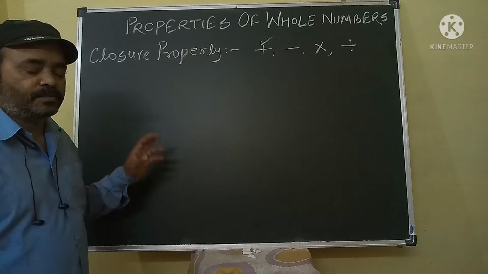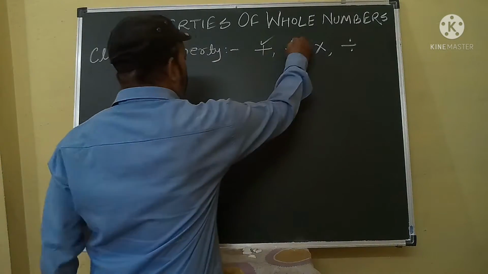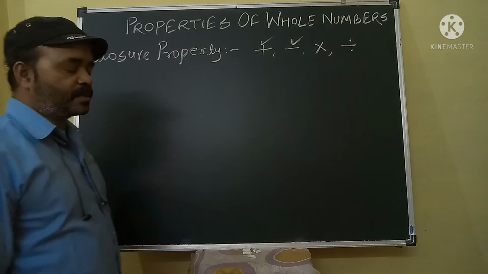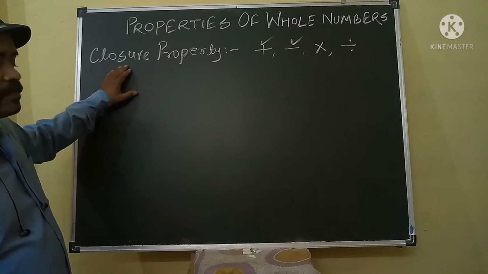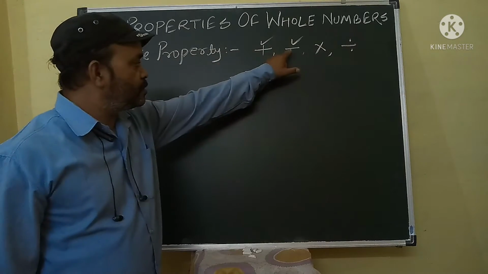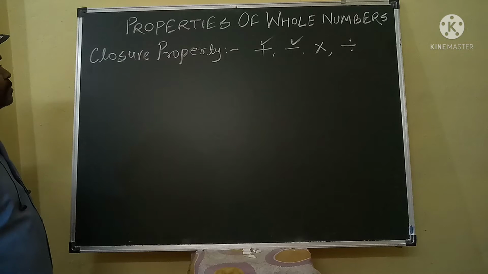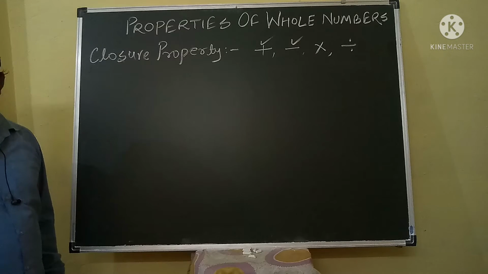Then after that we will discuss the closure property on subtraction. Now look here. I want to give you one example.